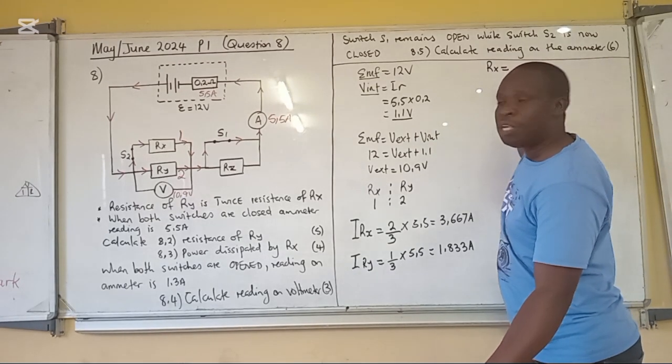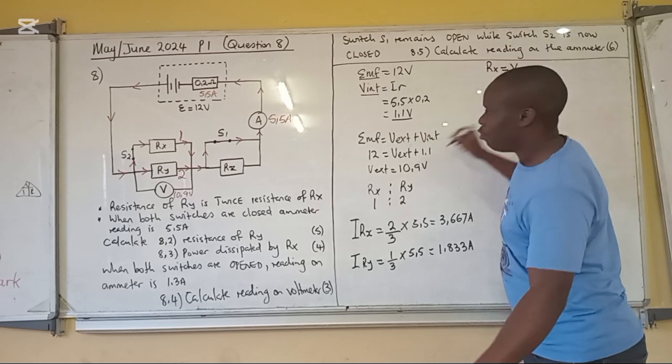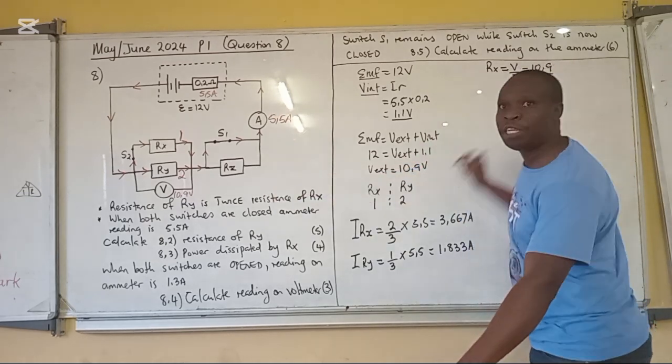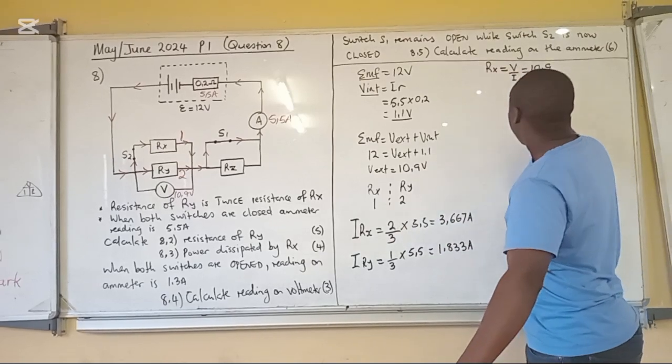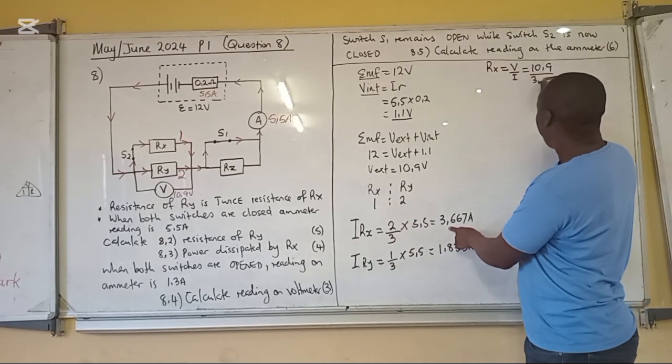Resistance is equal to voltage over current. Voltage being the 10.9 divided by the current flowing through Rx, 3.667.